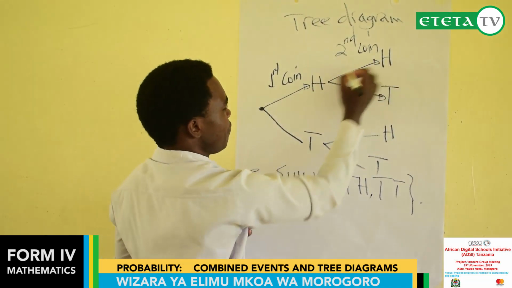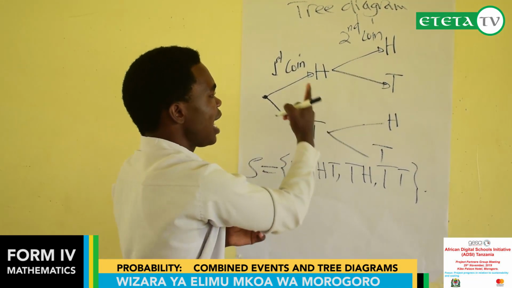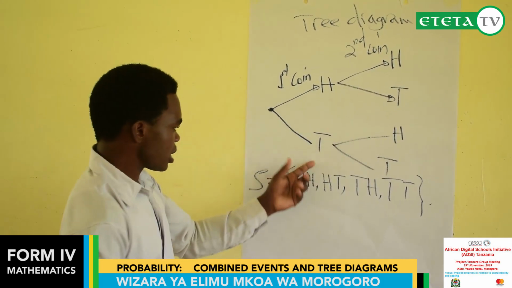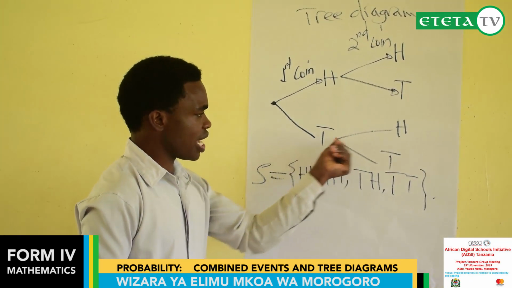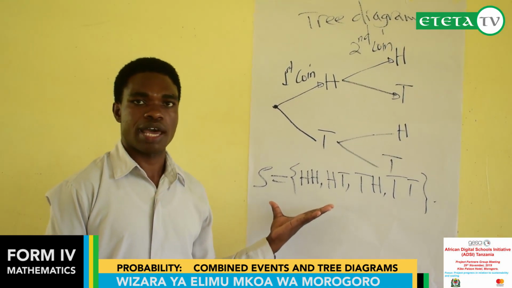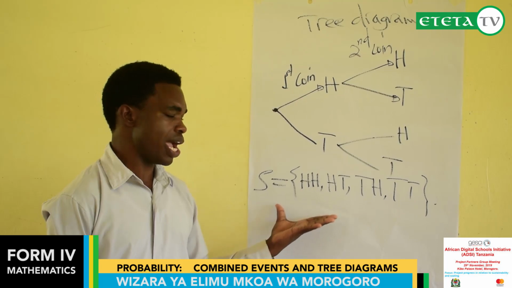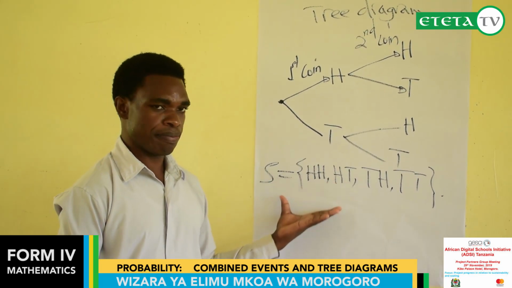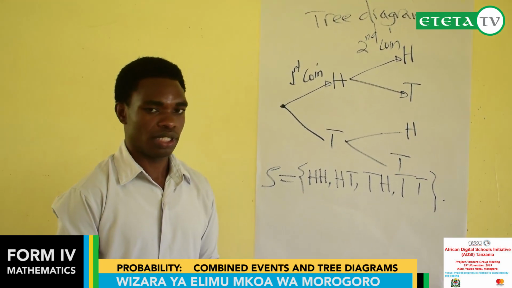For example, this one is the first path, which makes a head, and this one is the second, which makes a head and a tail. Similarly this one and this one, and again this one and this one. So these make the sample space. That's the way we can use a tree diagram to get the sample space and also the events.